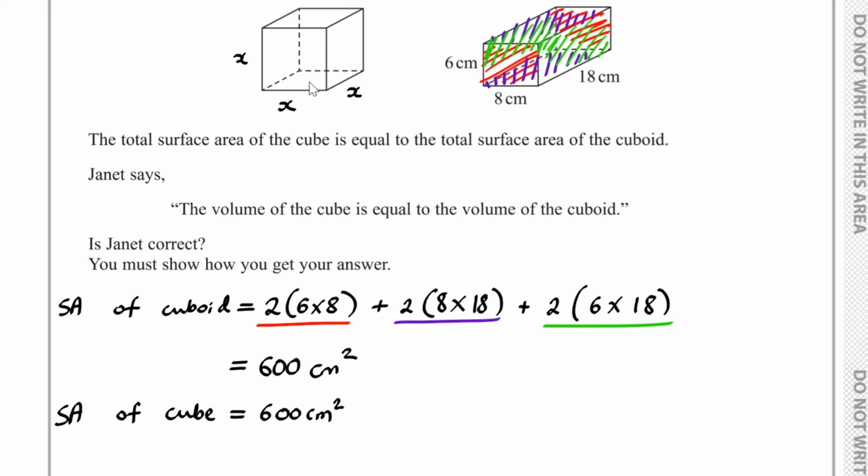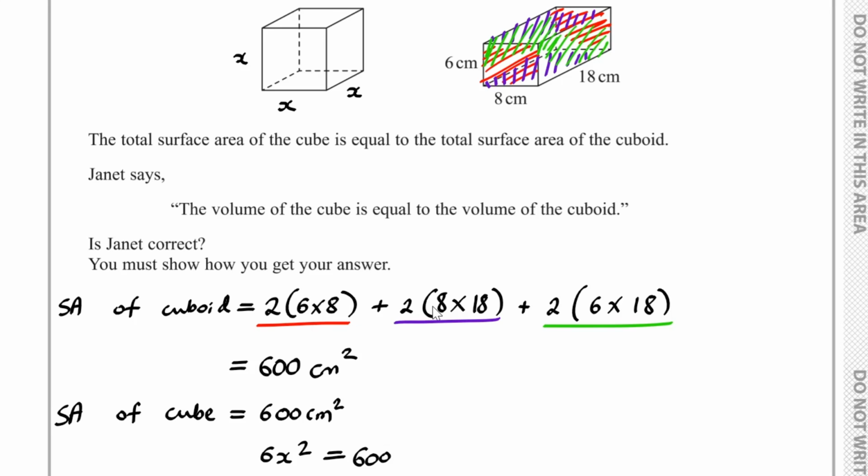Okay, now why is this important? Well, we can use this to find out the length of x by recognizing that we have 6 lots of x squared, which is equal to 600, because the area of one face is x squared, so the area of 6 faces is going to equal 6x squared. So 6x squared is equal to 600.